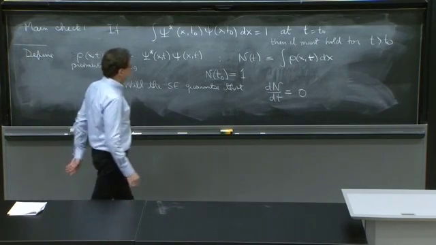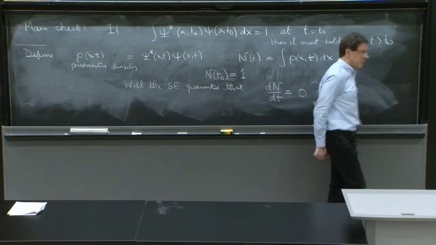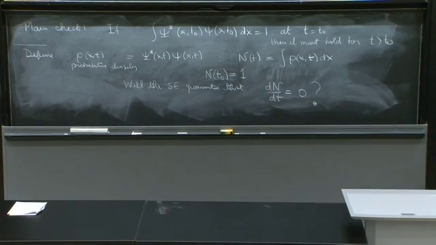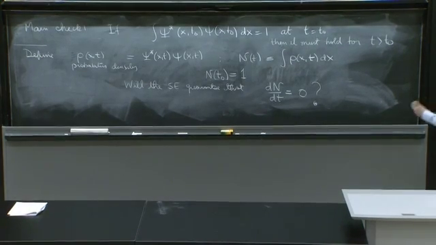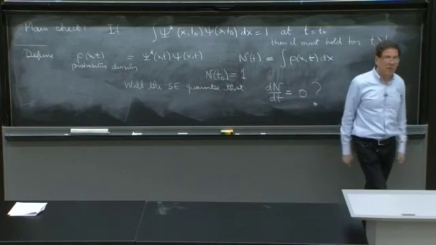Will the Schrödinger equation guarantee this? If the Schrödinger equation guarantees that this derivative is indeed 0, then we're in good business, because the derivative is 0, the value is 1, it will remain 1 forever.